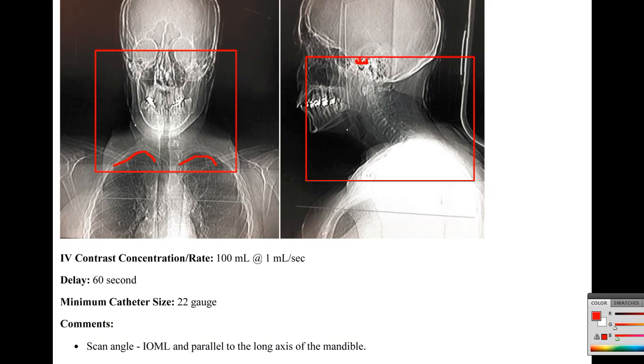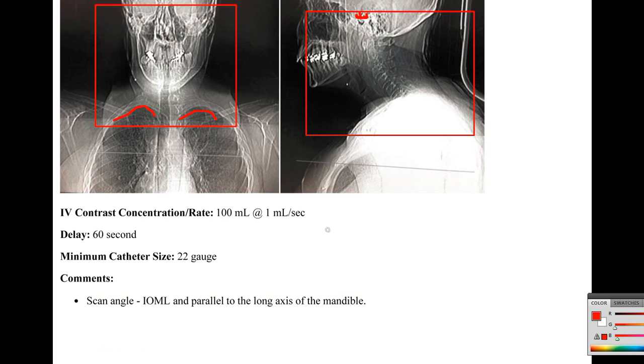The delay for the contrast is going to be 60 seconds, so the scanner is going to begin scanning 60 seconds after the initial start of the injection. We also utilize the IOML for scanning through the superior portion, and then you scan parallel to the long axis of the mandible, which I feel we've already covered what that means.